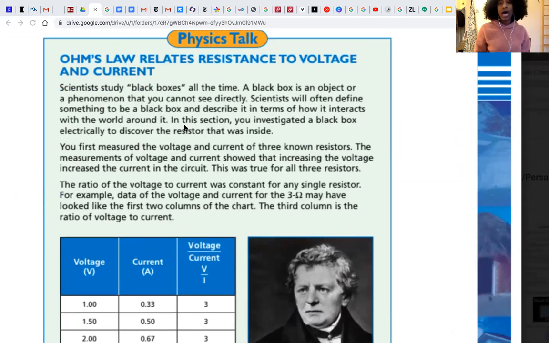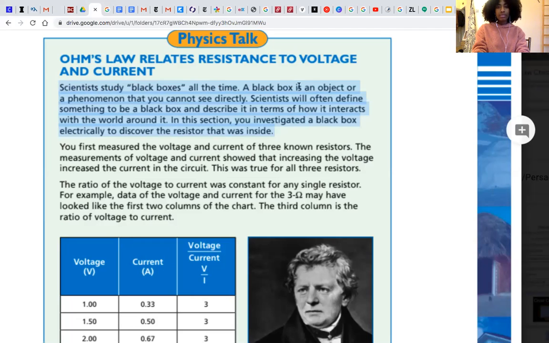Okay, I will read through all of it and then I will go back and make some relevant points that I feel like will be helpful. So yeah, let's get started. So this is Ohm's law relates resistance to voltage and current, paragraph 1. Scientists study black boxes all the time.